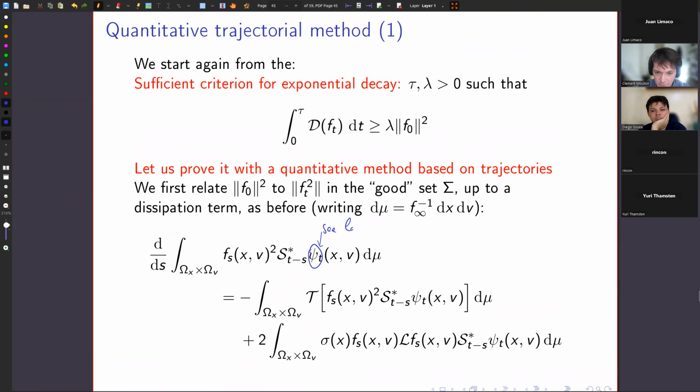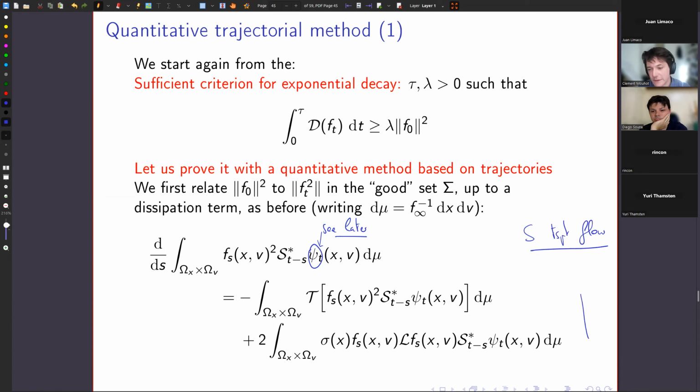I will tell you how to construct this test function in a second. And S is the transport flow. And you write the GML formulation along the transport.